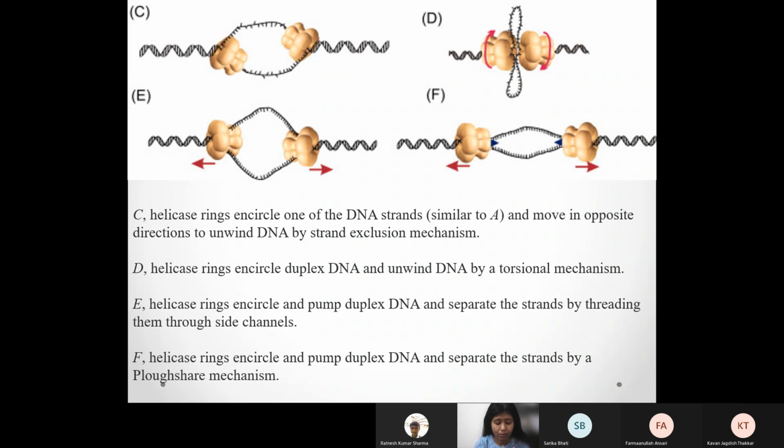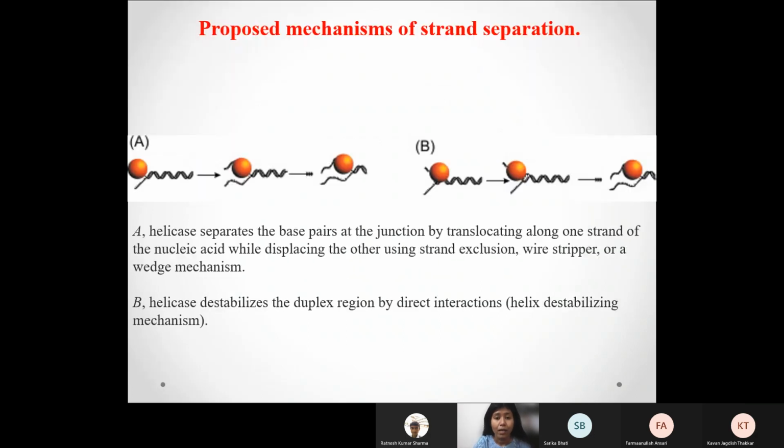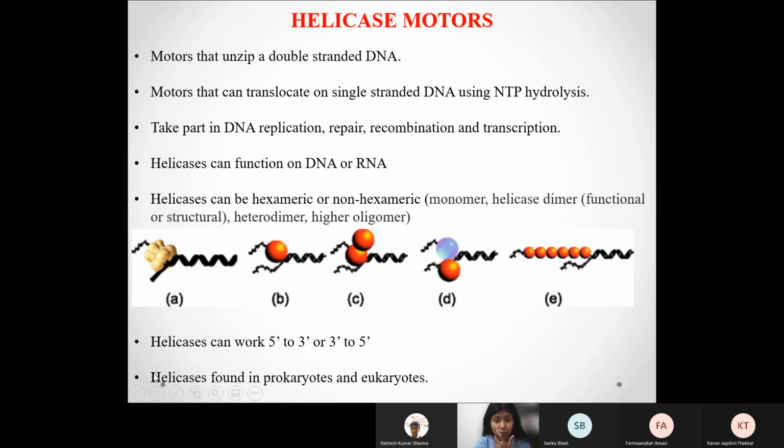We also saw that the directionality of the helicases could be either 5' to 3' or 3' to 5', and that the helicases can act as monomers, homodimers, heterodimers, as well as functional oligomers. And there is a class of helicases which belong to the family of AAA ATPase. So they form a hexameric structure.